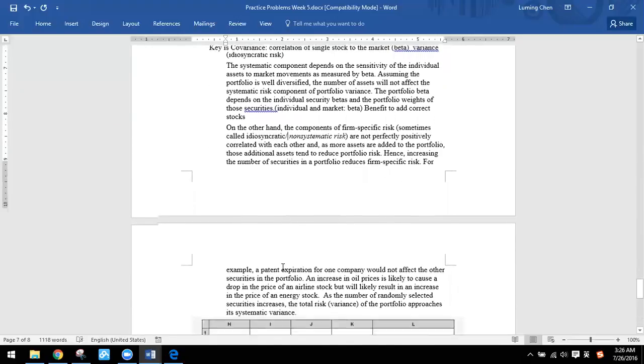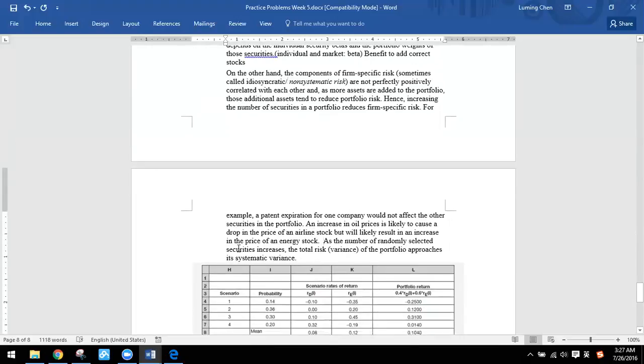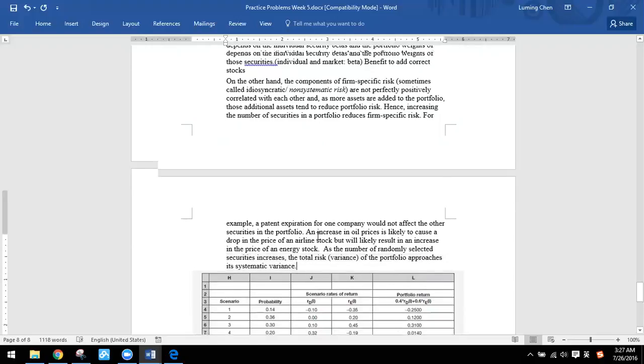For example, a patent expiration for one company would not affect the other securities in the portfolio. An increase in oil prices is likely to cause a drop in the price of an airline stock, but will likely result in an increase in the price of an energy stock. As the number of randomly selected securities increases, the total risk decreases and approaches its systematic variance.